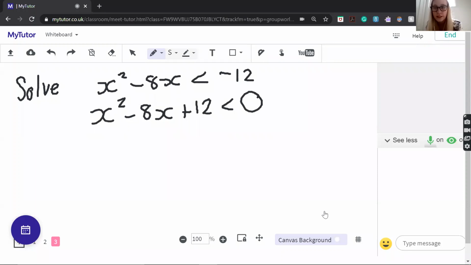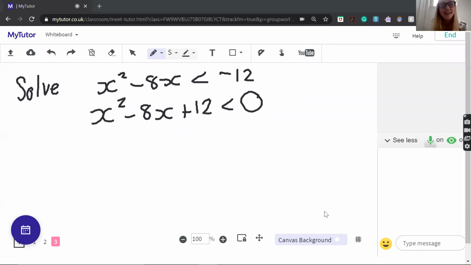I'll just give it like 30 seconds and then go through it. Okay, brilliant. Everybody's got the numbers right. Some people have got the signs slightly wrong.